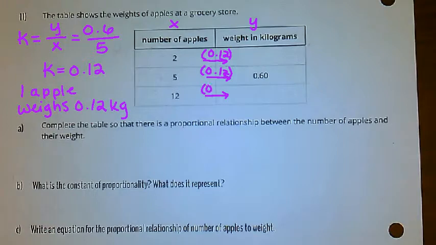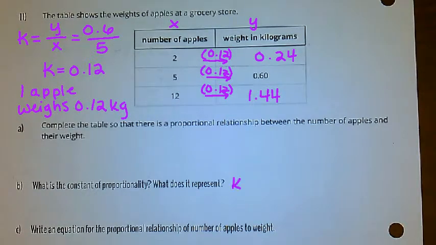So go ahead and put that in your calculator, and you should get 24, 24, and 1.44 or 1 and 44 hundredths. Okay, so A is done. Next one, constant of proportionality. We already did this one.